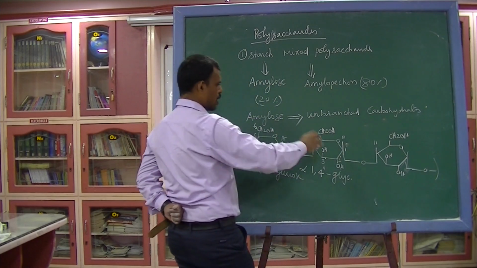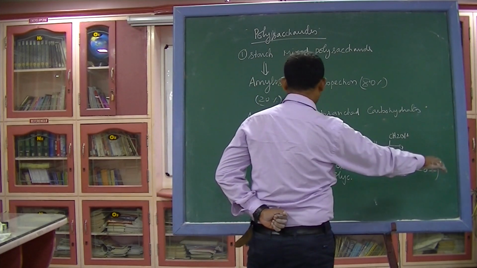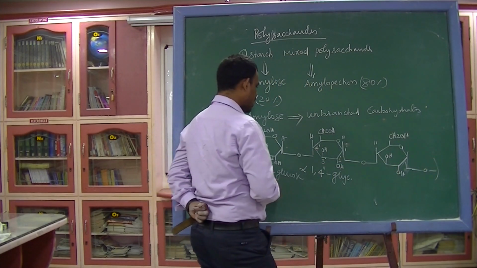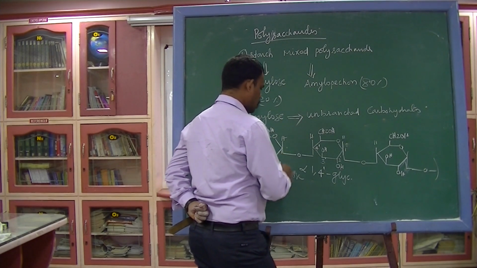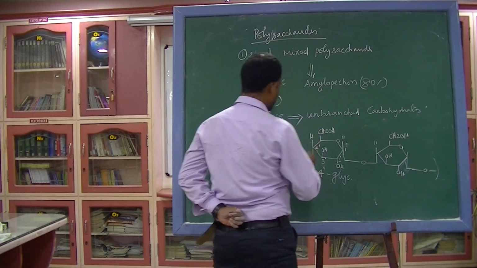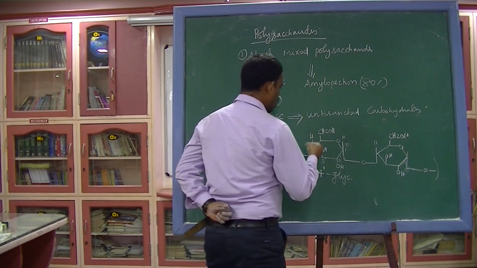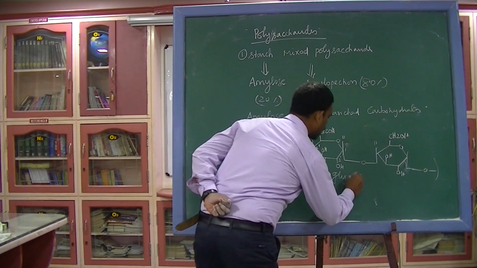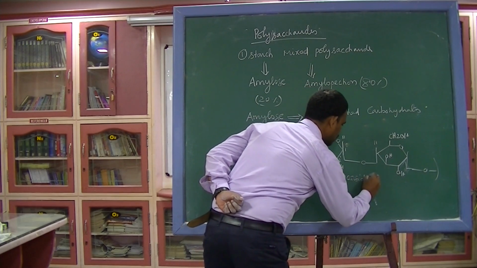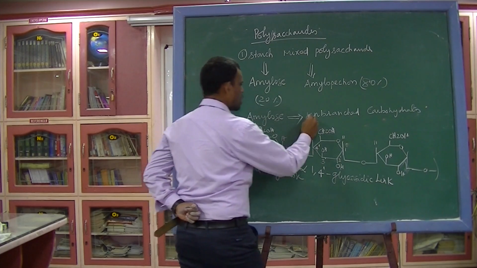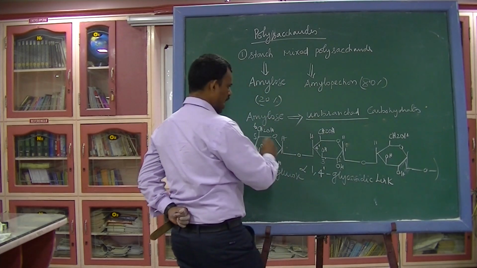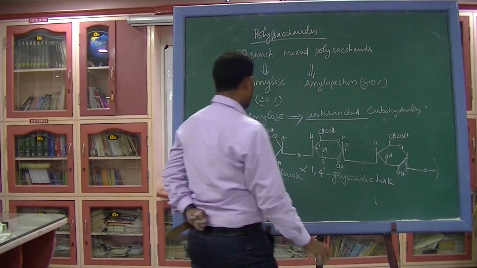So it's a linear unbranched polysaccharide. It has alpha D glucose subunits connected by alpha 1,4 glycosidic links. So it's unbranched. Here I have shown only 3 subunits.